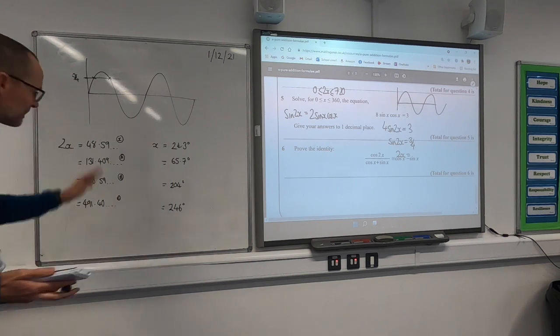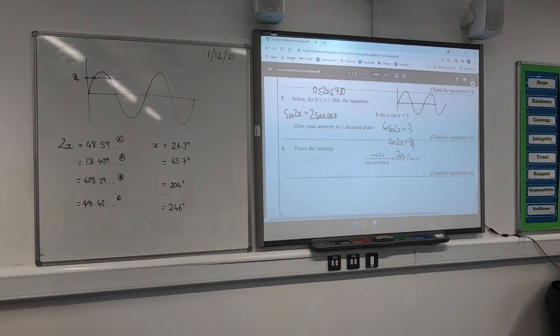Now, I'm perhaps being a little bit overcautious by storing my values in the calculator, but it made it a little bit easier. So I got that, which is the first solution, so I stored that in x. I don't know why I chose x rather than a letter, but there we go.